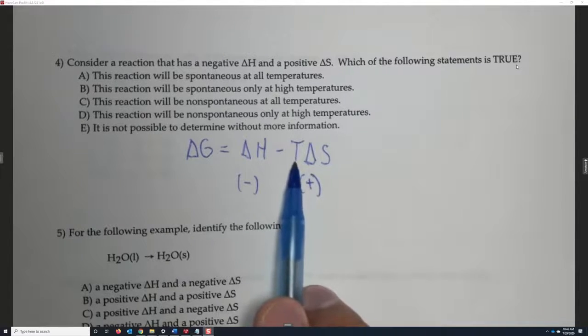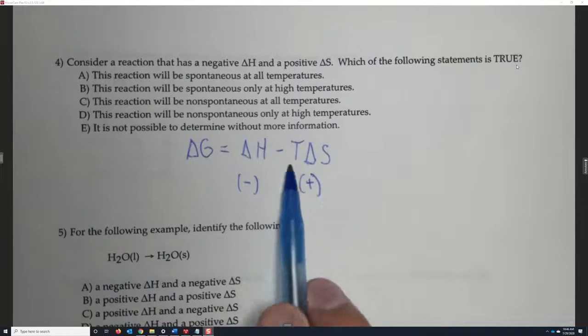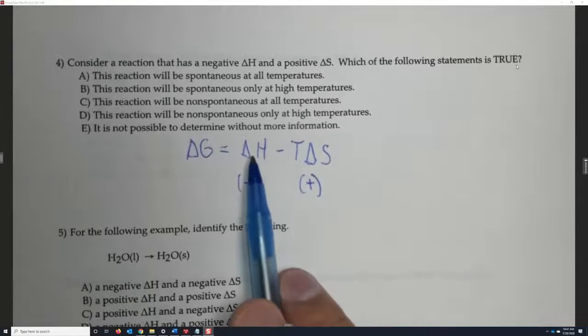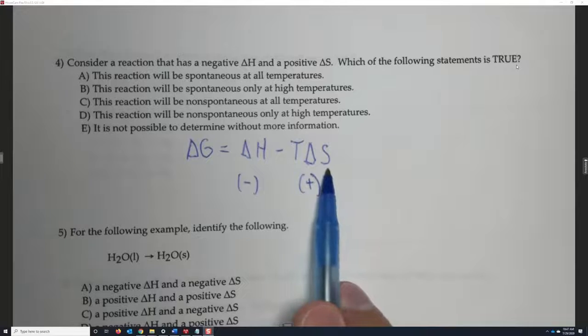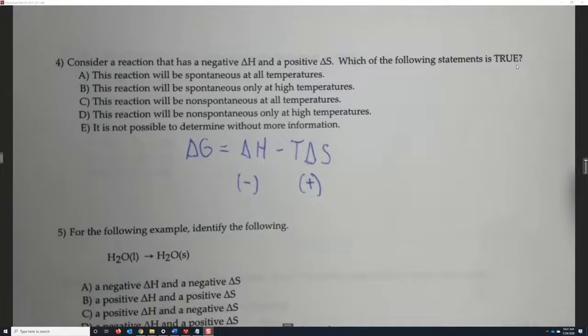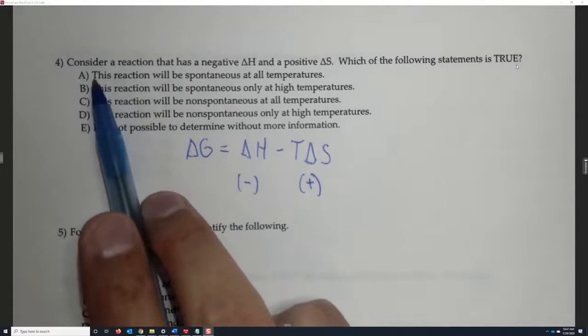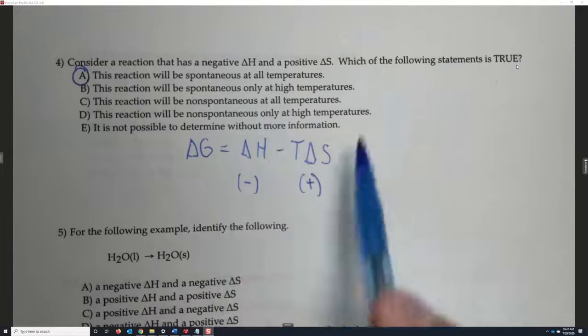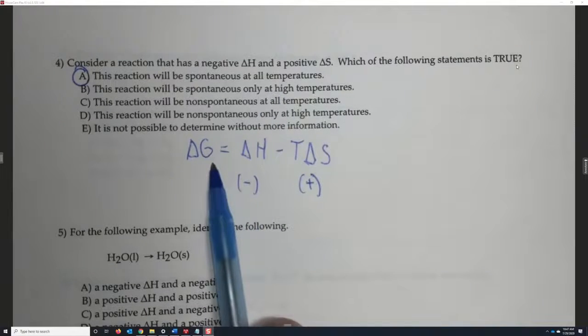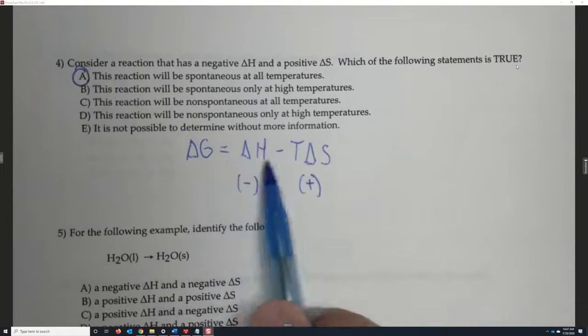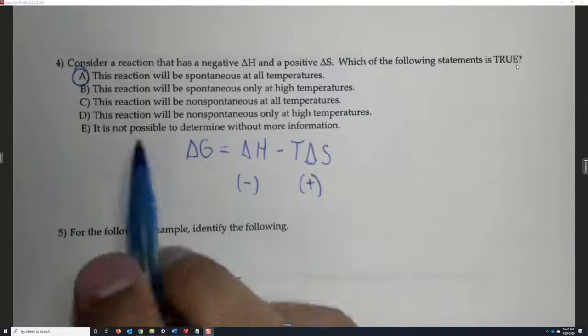The lowest absolute temperature is 0. So this value has to be positive, so it's going to be a negative minus something. When you have a negative minus something, it's going to be negative independent of what the temperature is. So it's choice letter A. This reaction will be spontaneous at all temperatures. Delta G will be negative at all temperatures because we have a negative minus something.